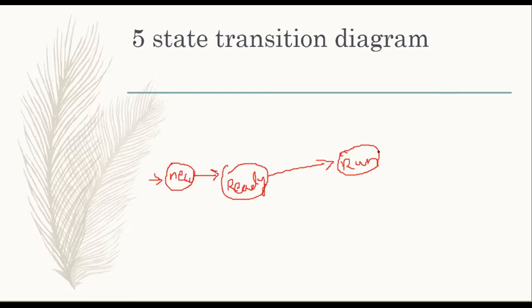Now, after running, there are two possibilities. Either the process gets terminated, meaning it has completed its task, or it will move to the waiting state. Why is it moving to the waiting state? We had already discussed that suppose the process wants to do certain IO, and for that particular IO it needs to leave the CPU. Why is it required to leave the CPU?